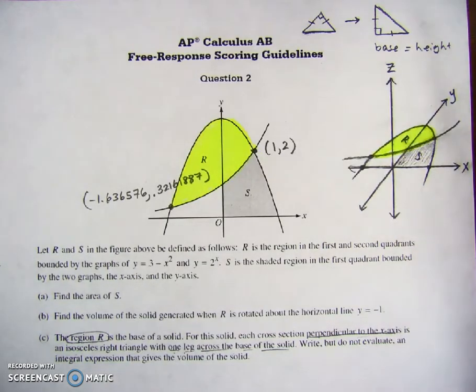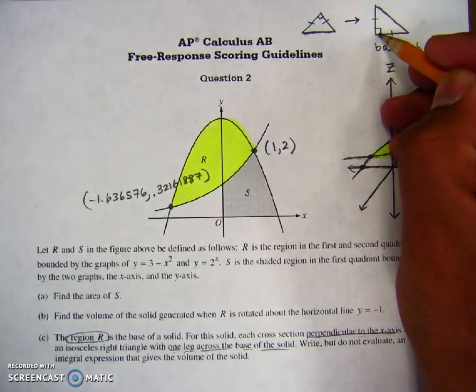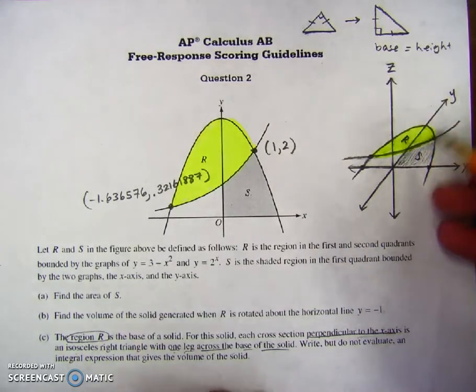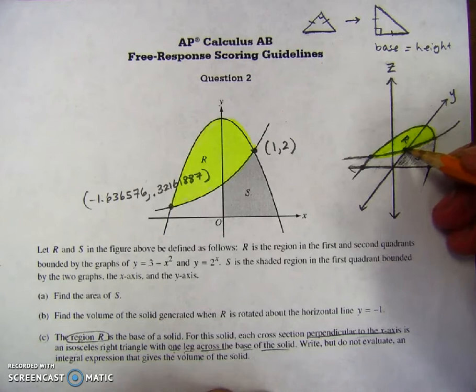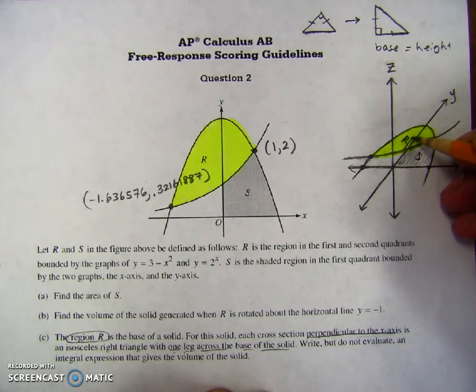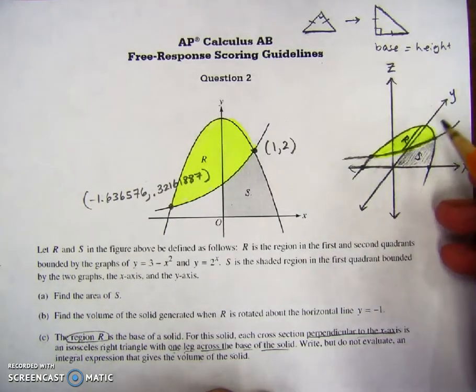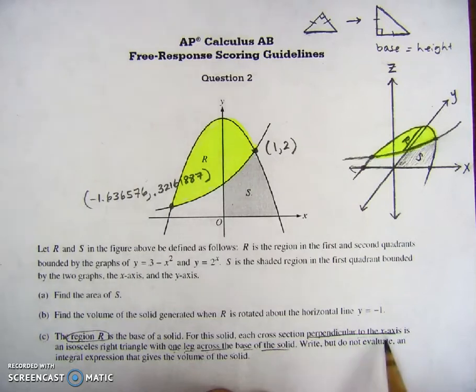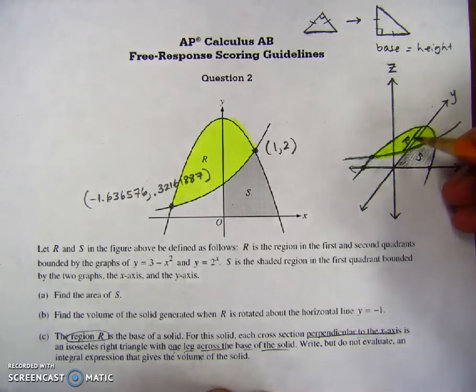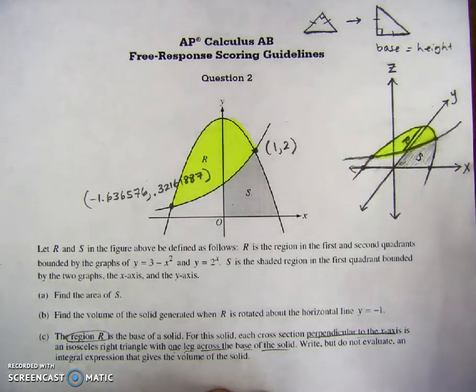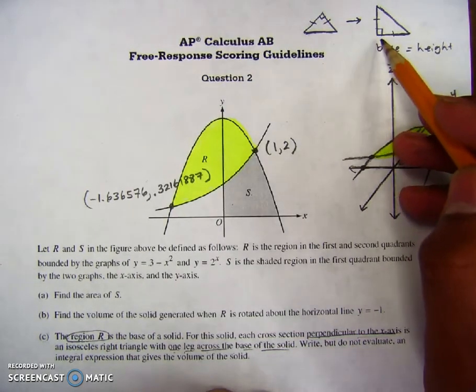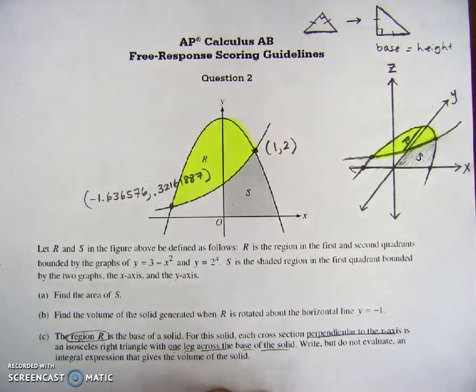So I take this base and place it on my x, y, z plane, making sure that it runs parallel with the y-axis because it has to be perpendicular to the x-axis. This line here represents just the leg, one of the sides of that triangle.